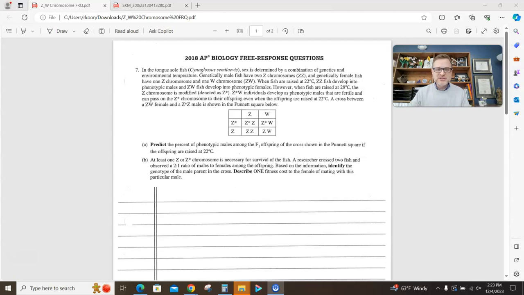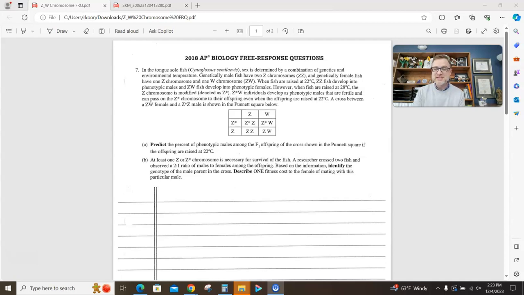In the tongue sole fish, sex is determined by a combination of genetics and environmental temperature. Genetically male fish have 2 Z chromosomes, designated ZZ, and genetically female fish have 1 Z chromosome and 1 W chromosome, ZW. When fish are raised at 22 degrees Celsius, ZZ fish develop into phenotypic males, and ZW fish develop into phenotypic females.